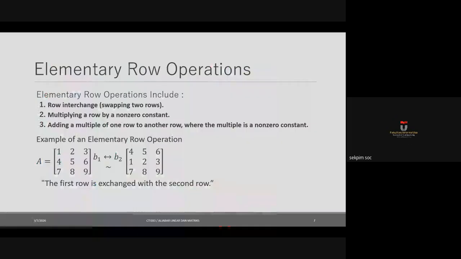Okay, so these are the three row operations allowed in the Gaussian method.